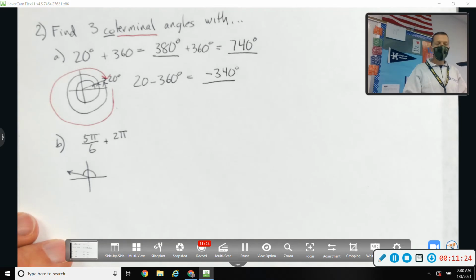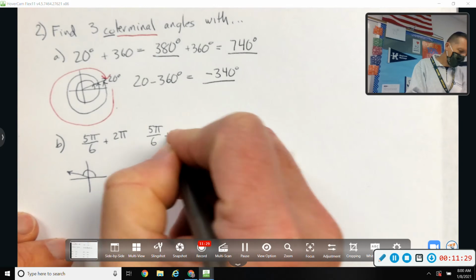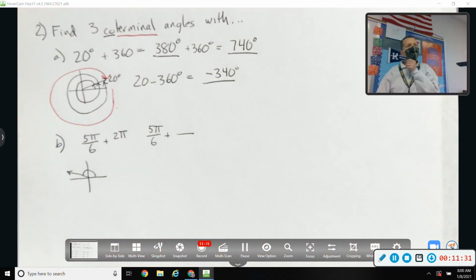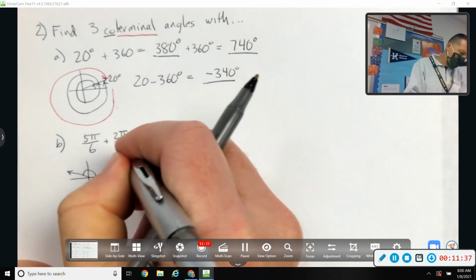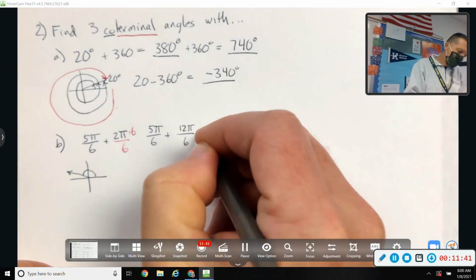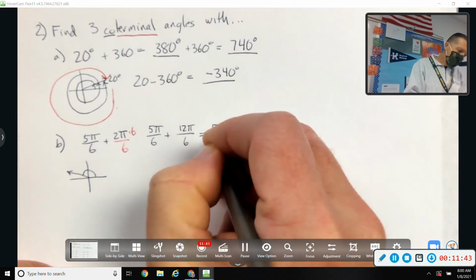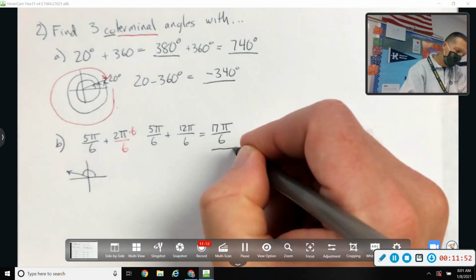And then now we get to see who remembers how to add fractions. So what do I need to add fractions? Common denominator. So multiply top and the bottom by 6. So 17 pi over 6 is one of my answers.